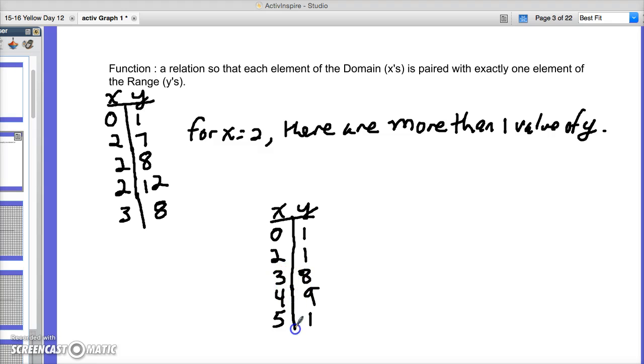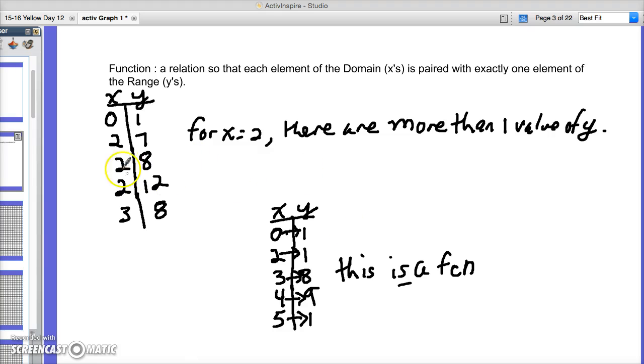This time, for every value of x, there's only one value of y. If you give me an x, I can tell you exactly what the y is. This is a function. Function is sometimes abbreviated just FCN.